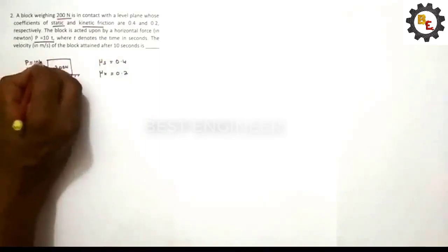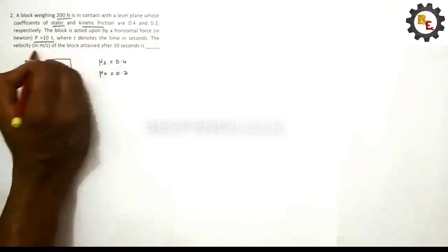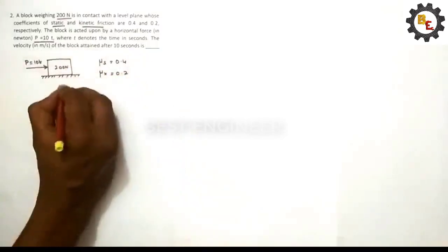The block is acted upon by a horizontal force P equal to 10t Newton, where t denotes time in seconds. You should find the velocity in meters per second.